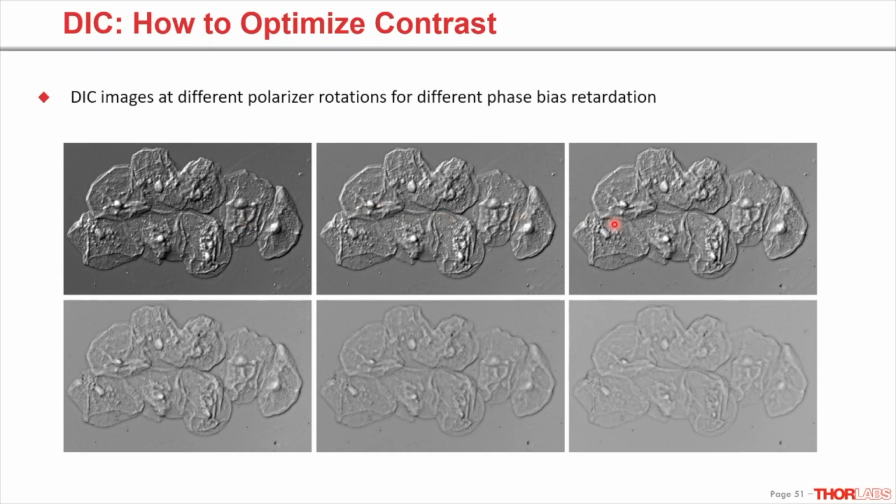So here you can see as you rotate through the polarizer and those different angles, you start to see the loss of this really nice edge contrast, and it starts to blend in with the background. Samples with very large optical gradients can often use even greater bias retardations, up to a full wavelength. So this is one of those things where you do it with your sample on there and rotate the polarizer to fit your sample.